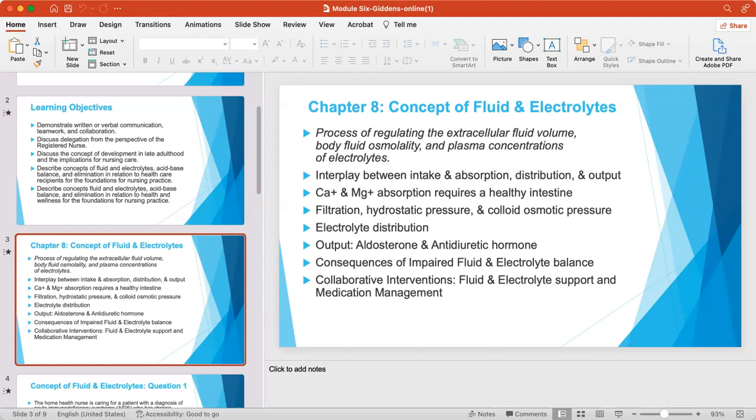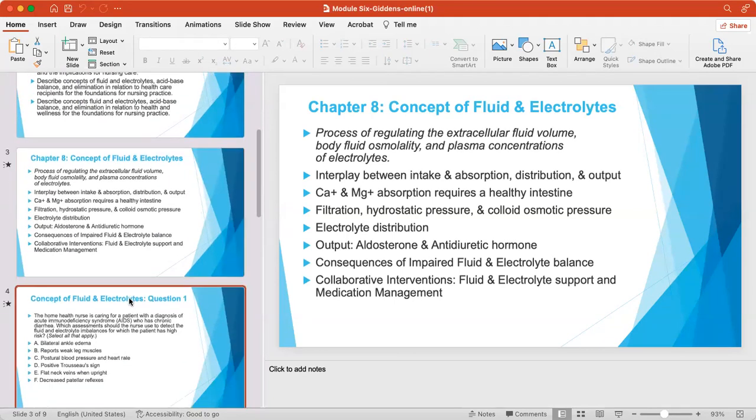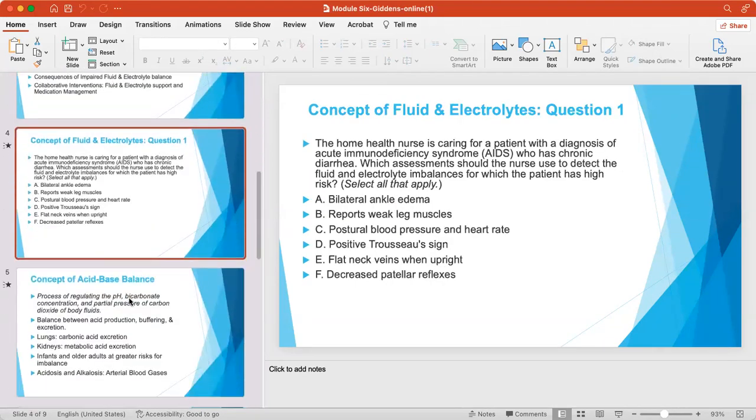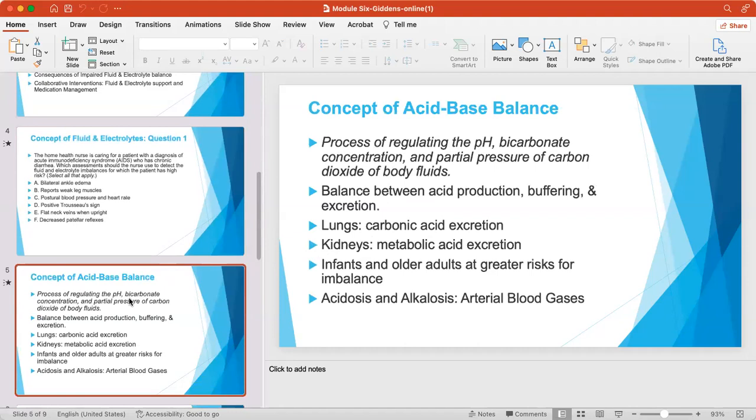So that's how the RN is involved in fluid and electrolyte balance. There are more in-depth details about this. Again, read the addendum that is added, and be sure to record your answer to this question on fluid and electrolytes.